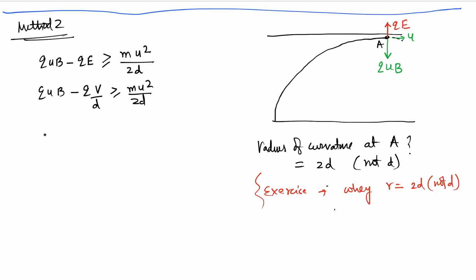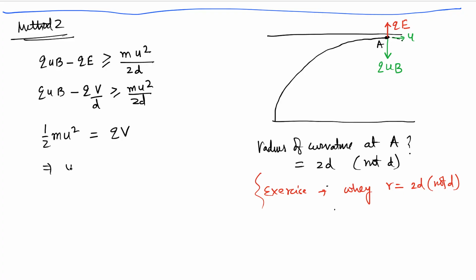The other important point is that we are calculating the minimum B, right? So at this point, let's say we assume that the gain in kinetic energy uses the entire electrostatic energy. So we can write half mu square is qV. Let's say it uses the full qV.